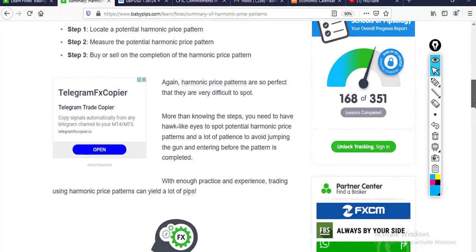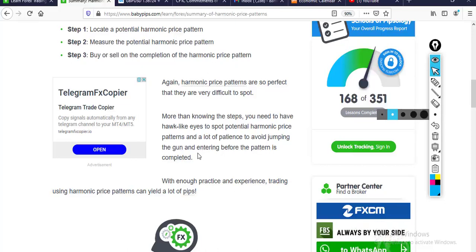Again, harmonic price patterns are not perfect and they are very difficult to spot. So more than knowing the steps, you need to have hawk-like eyes to spot potential harmonic price patterns and a lot of patience to avoid jumping the gun and entering before the pattern is completed.